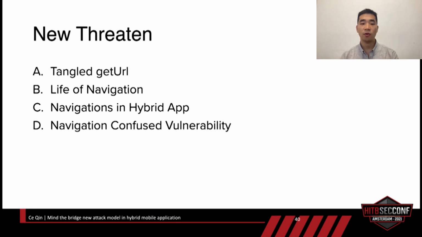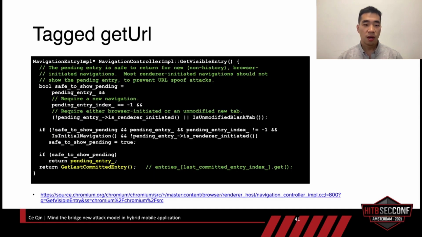So next, I will show you the new threat. A totally new attack model will affect real-time access control as well. Let's dig into the function WebView.getUrl. It's not as simple as we thought before. Actually, the function can return two kinds of value, the pending entry and the last committed entry.